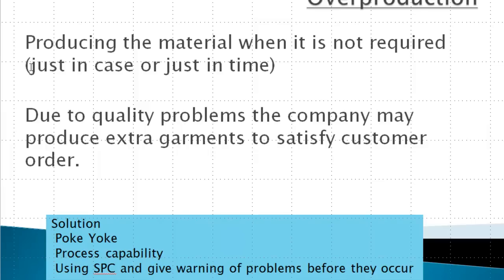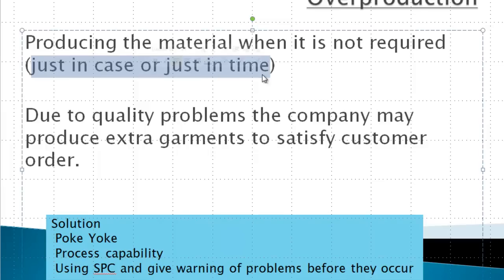So we adopt a system, according to the Japanese, called just in time. If we believe that customers are going to buy 100 garments, then we make 100, not 101 or 105 or 107, but exactly what they want. This means we don't overproduce.